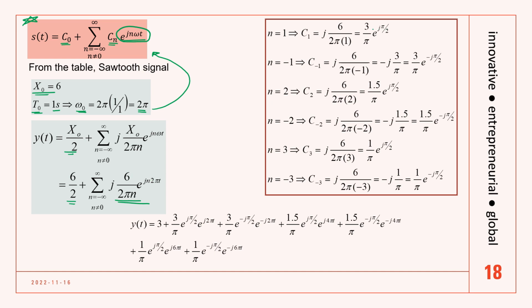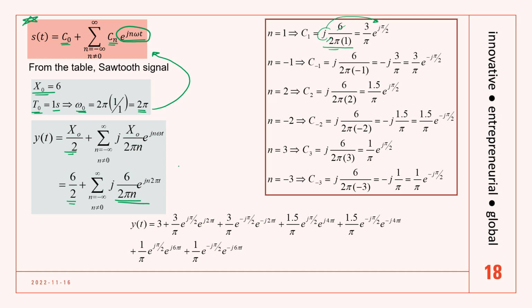Exponential, 6 to pi, n equals 1. From this, it's going to be 3 over pi, and since there is a j behind here, you can change this into here.